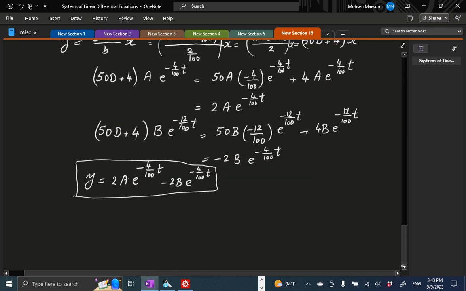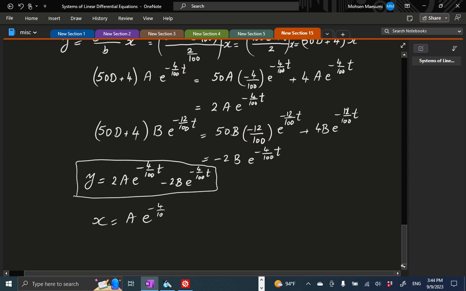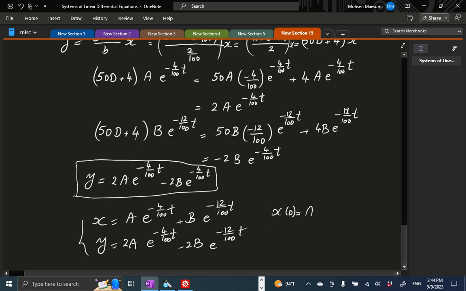Okay, let's put our solutions together. I have x was A exponential of minus 400t plus B exponential of minus 1200t. Y turned out to be 2A exponential of that, minus 2B exponential of minus 12 over 100t. Well, what about A and B? At time 0, x0 becomes A plus B, and y0 becomes 2A minus 2B.